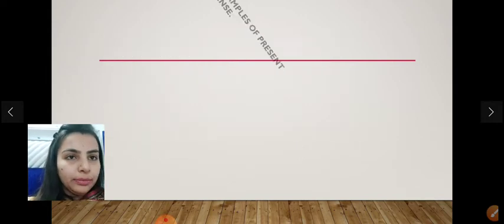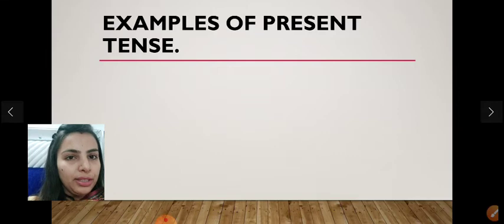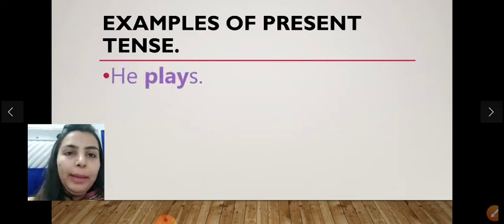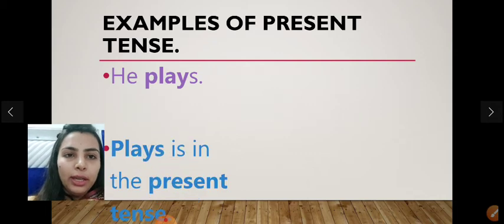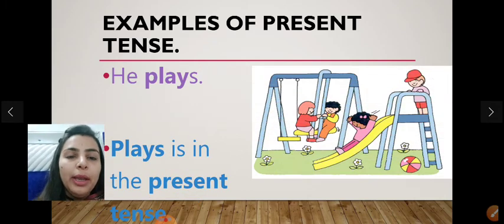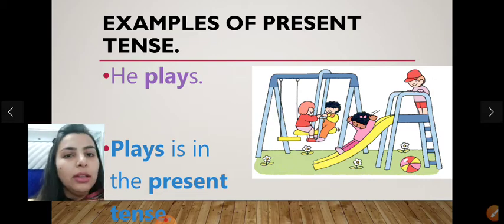See some examples of present tense. By seeing the examples, you will be more clear about the present tense. See, he plays. So here plays is in the present tense. Plays tells us that the action is happening right now.